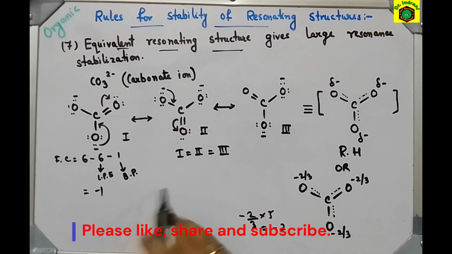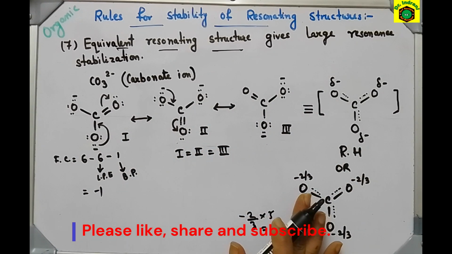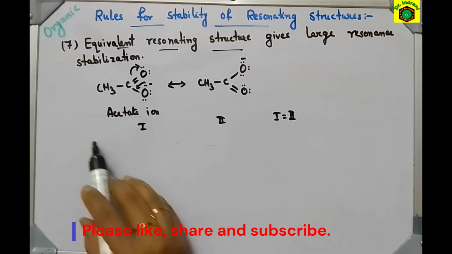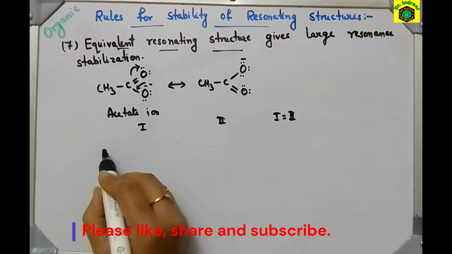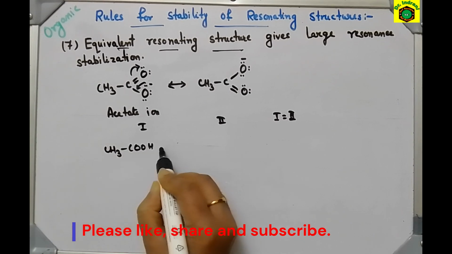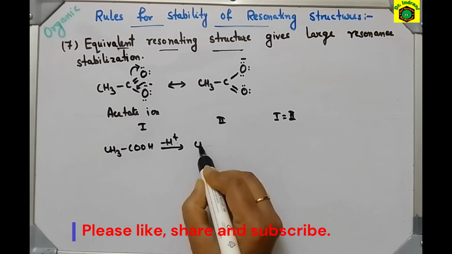So they are equally contributing, and this type of equivalent resonance gives much more stability to the species. For acetate ion means from acetic acid, by removal of H plus, we will get acetate ion.